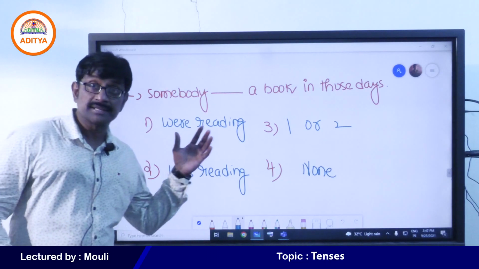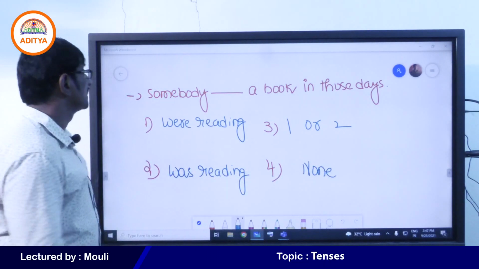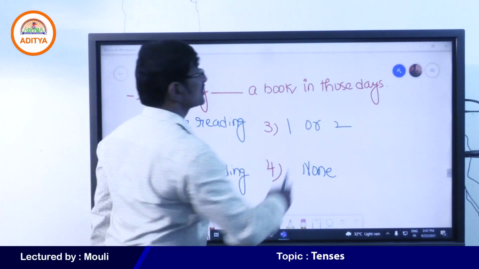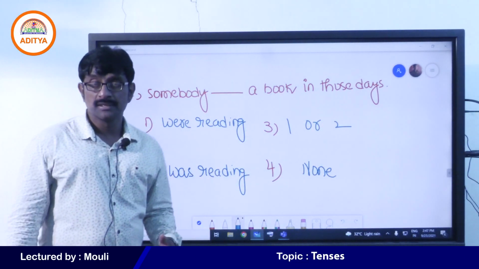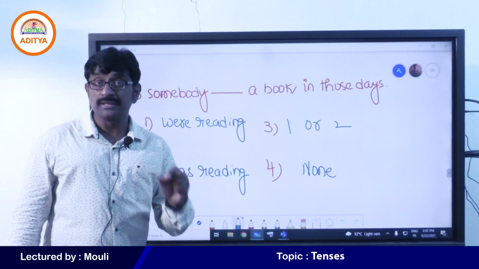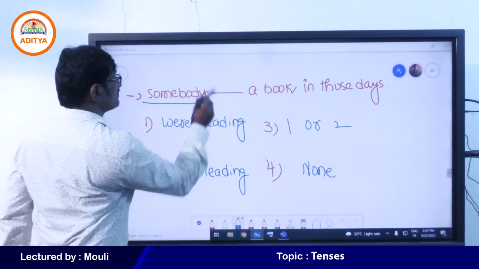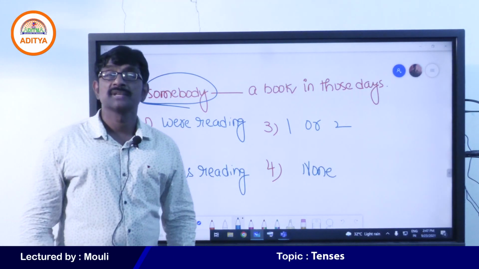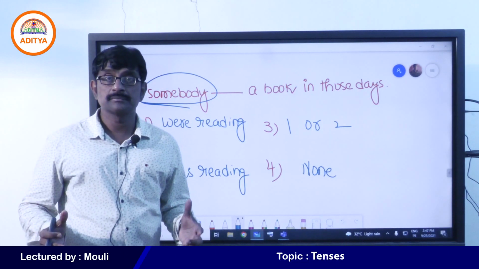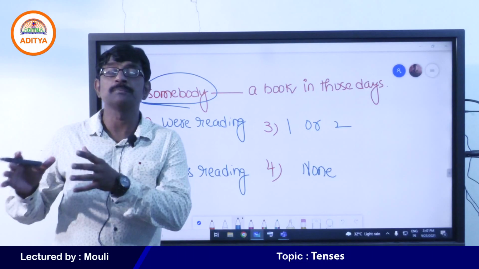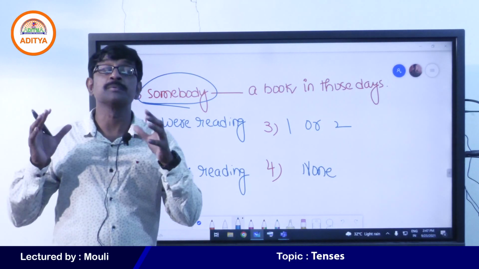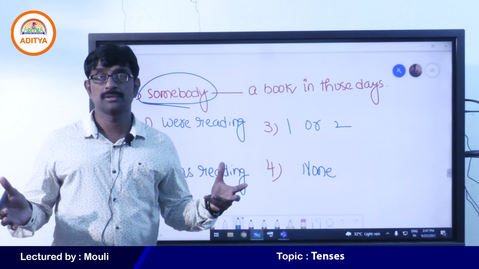Okay, students, let us have a glance at this. You see now, "somebody, a book in those days" is given. How to solve this problem? What is somebody actually? Somebody means some unknown person or unknown persons. Anybody may be there.